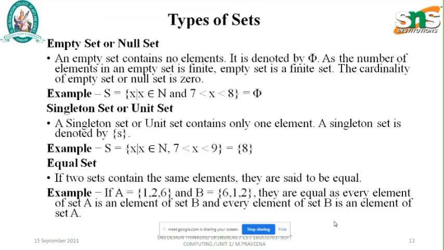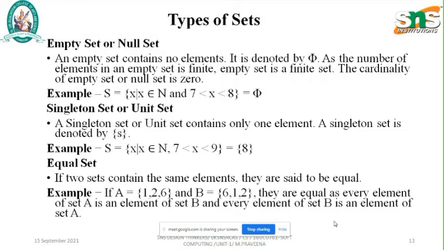You see here, for example, set S is equal to x where x belongs to N, the values between 7 and 9. So what is the value between 7 and 9? 8. There is only one value, so it is called a singleton set.